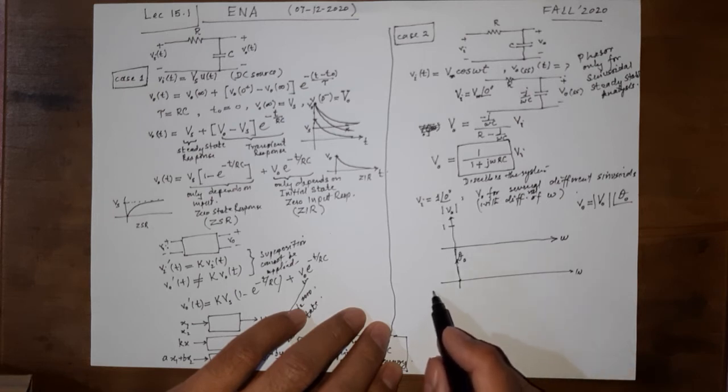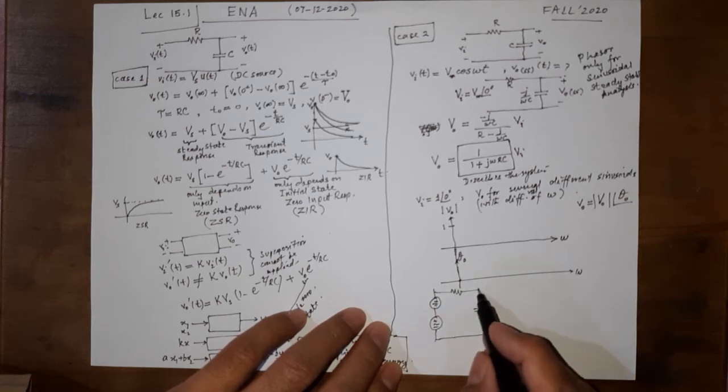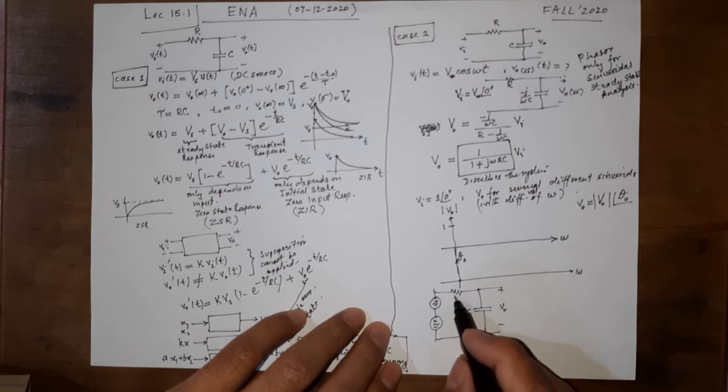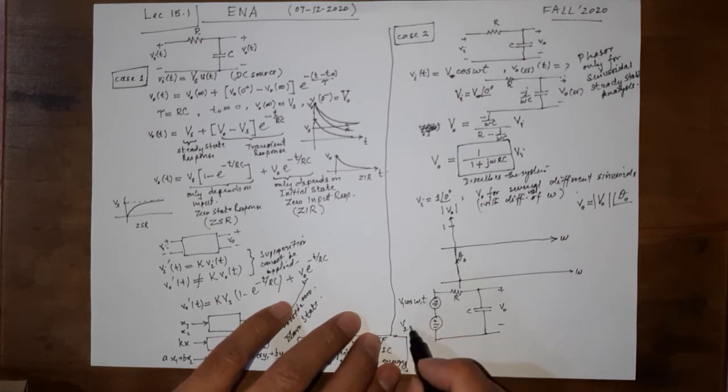If now someone says what would be the output of this system, this circuit, the circuit is the same RC circuit, the output is taken across the capacitor, and the input, this is a source, say V1, the maximum amplitude, cos omega 1t, and V2 cos omega 2t.